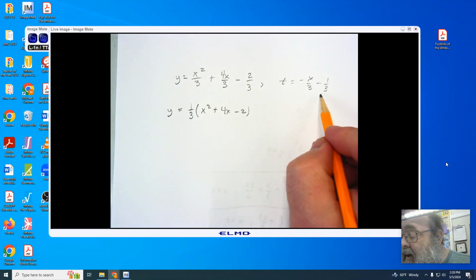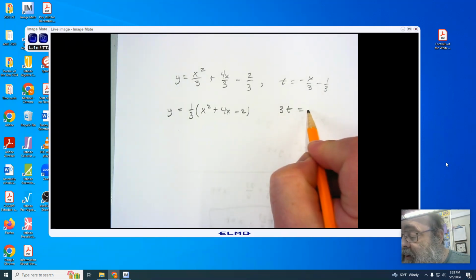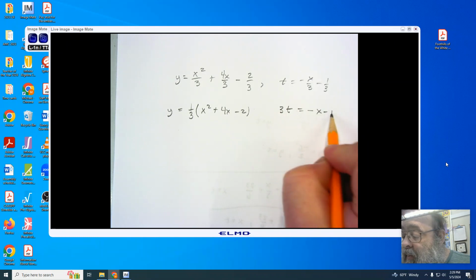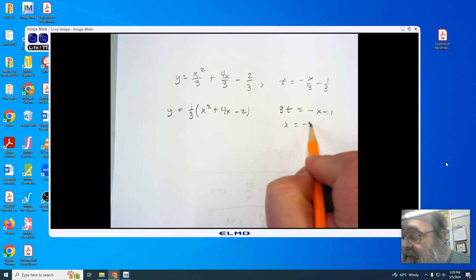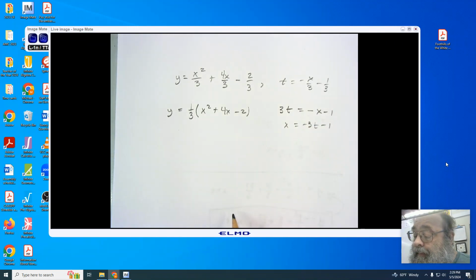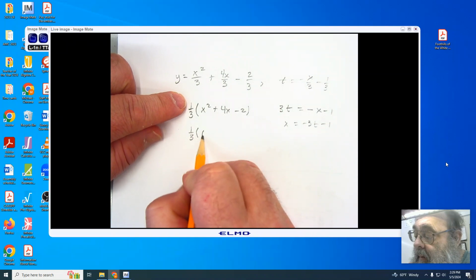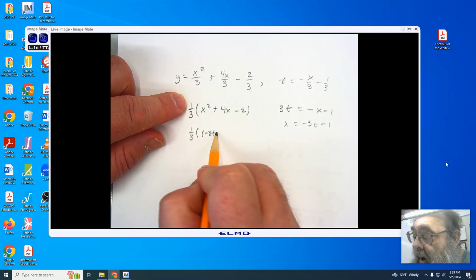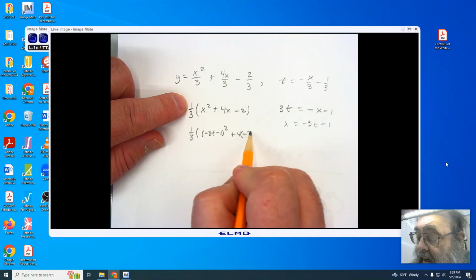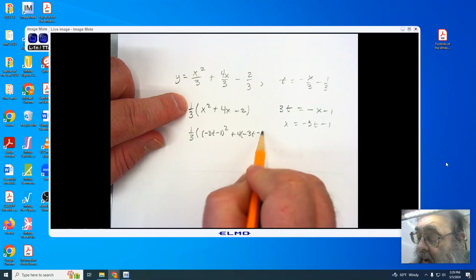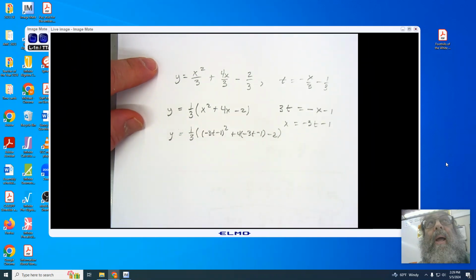I'm then going to make sure that I have 3t equals negative x minus 1, so that I then end up with x equals negative 3t minus 1. Now I'm going to put it in, so 1/3 times negative 3t minus 1, the quantity squared, plus 4 times negative 3t minus 1, minus 2 is equal to y.